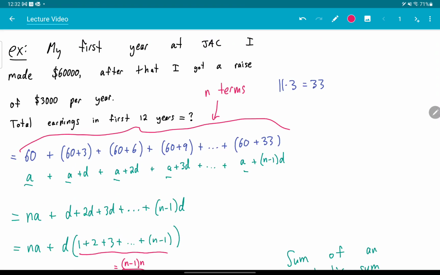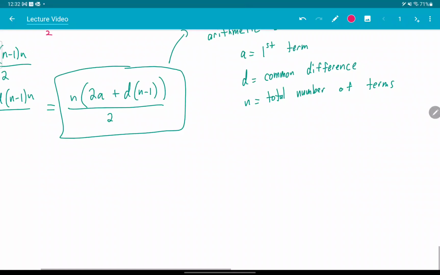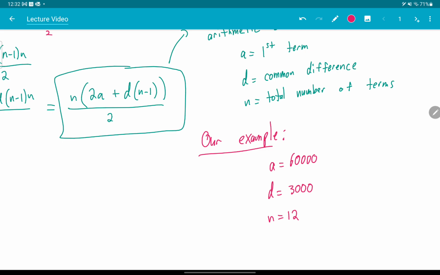We have 60,000, 3,000, and 12. So in our example, A is 60,000, D is 3,000, n is 12.